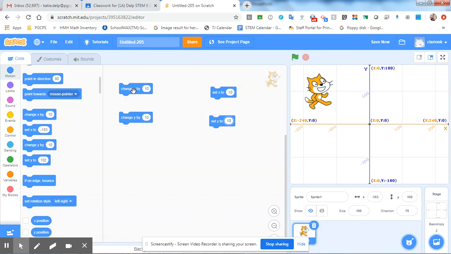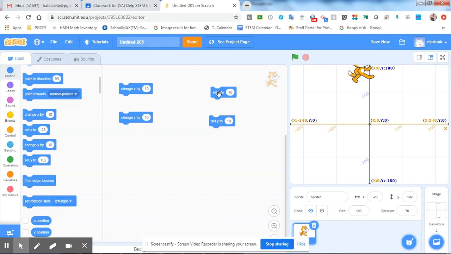Changing the X by 10 means that every time I click on this block or every time I give this command, Scratchcat is going to move 10 positions to the right. Because every time I click on it, I'm changing it by a positive number, I'm adding 10, right? Same thing for changing the Y by 10. Every time I click on this command, Scratchcat is going to add 10 more to its position, okay?